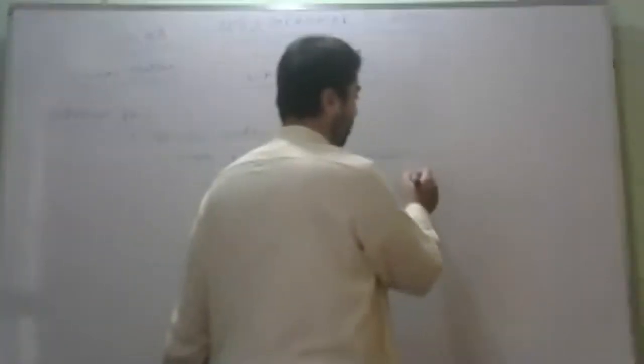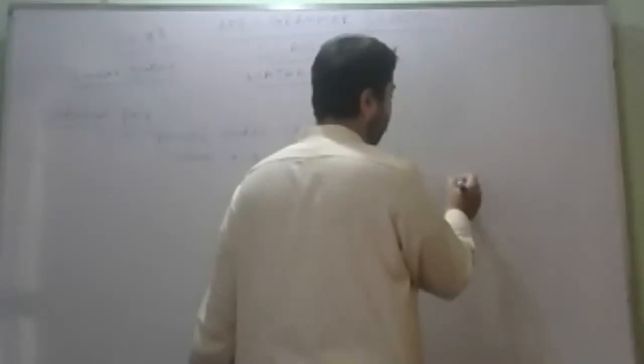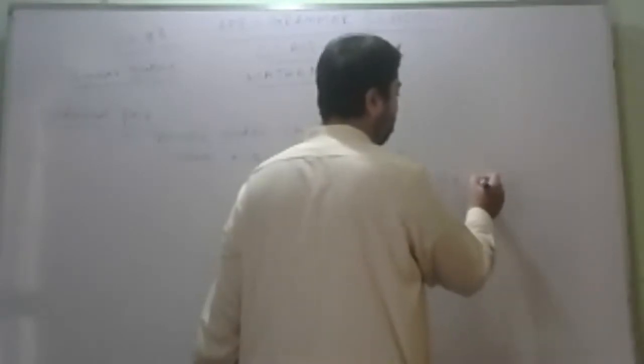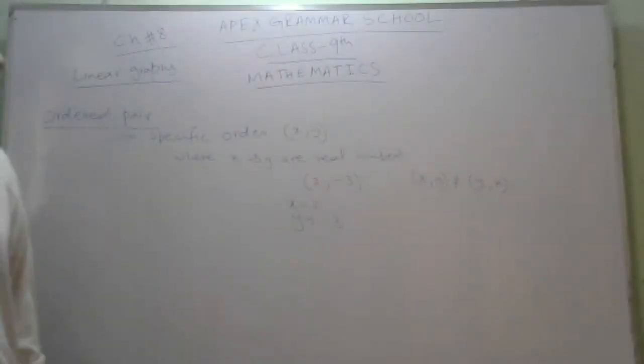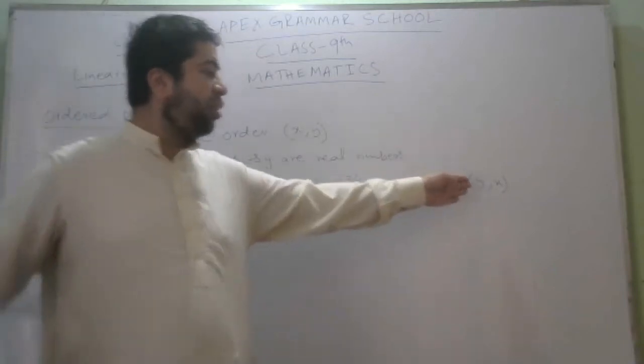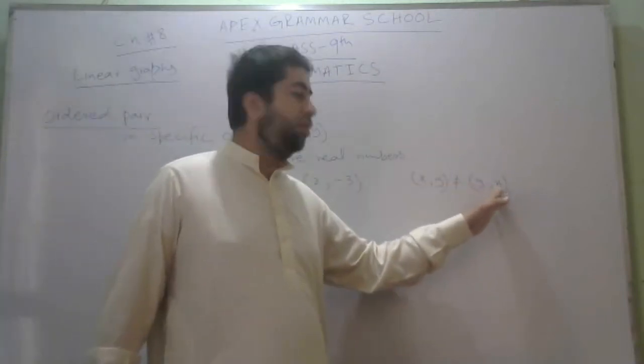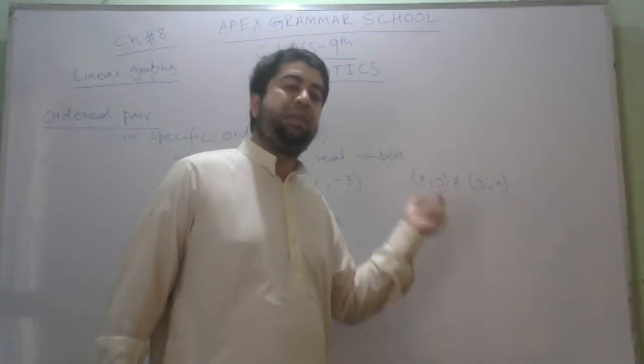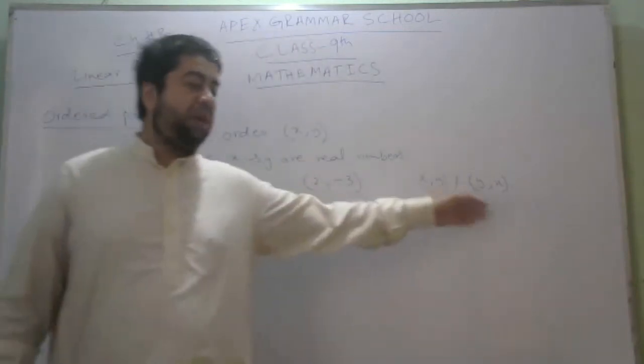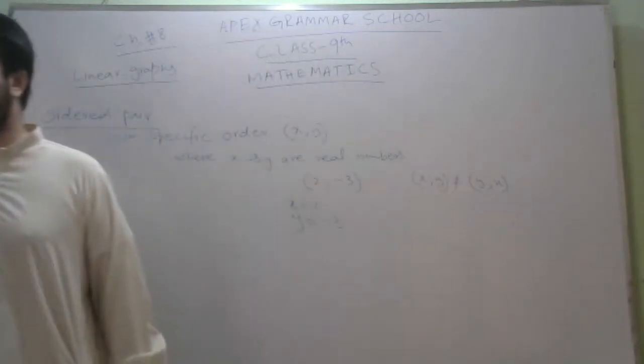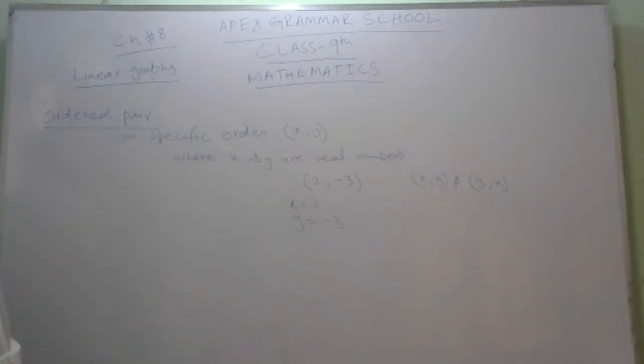Also, x comma y is not equal to y comma x. x comma y is a specific order and y comma x is not. This is the main thing that is called an ordered pair.